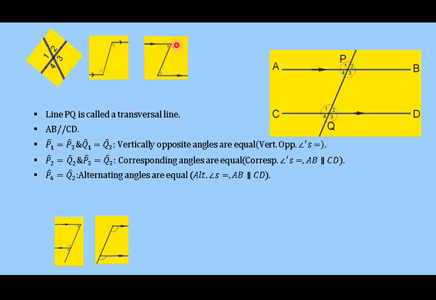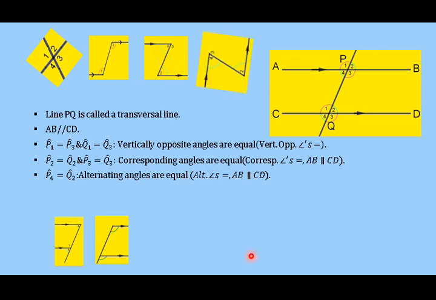Again, for this angle to be equal to that angle, this line should be parallel to that line. If this line is not parallel to that line, these two angles are not equal.